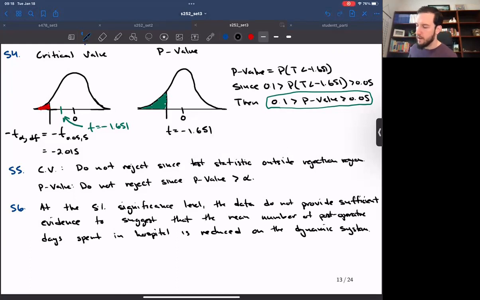Okay, so we have at the 5% significance level, the data do not provide sufficient evidence to suggest that the mean number of post-operative days in hospital is reduced on the dynamic system.